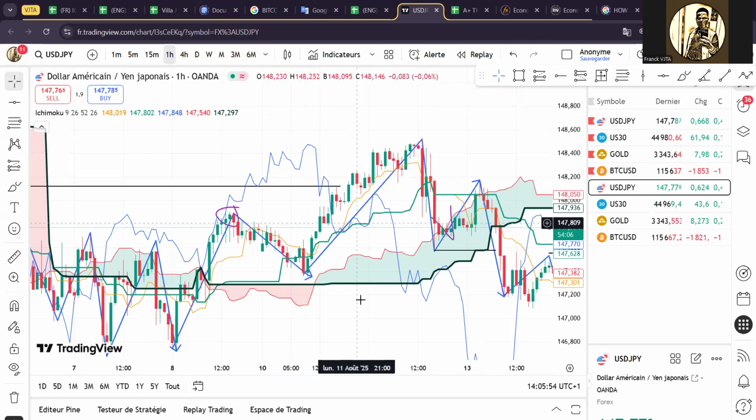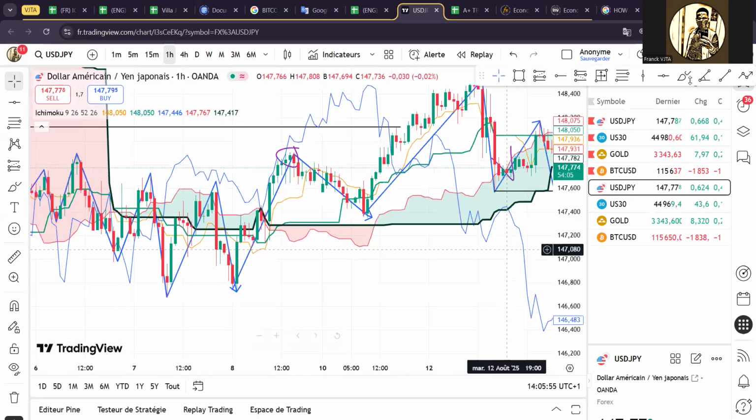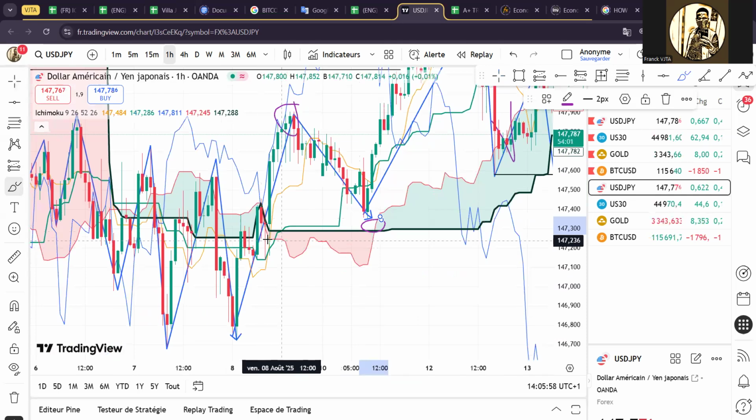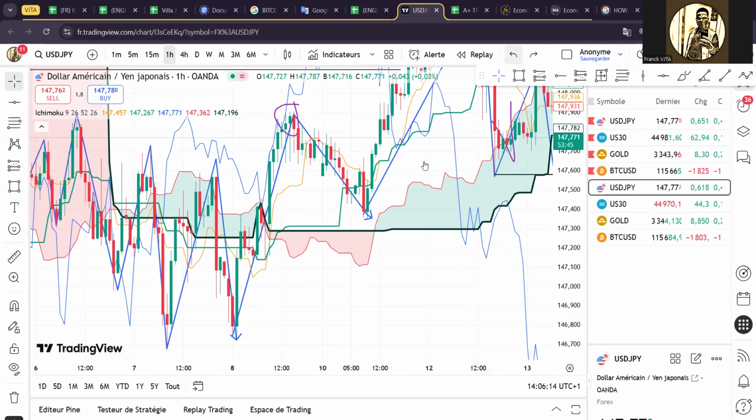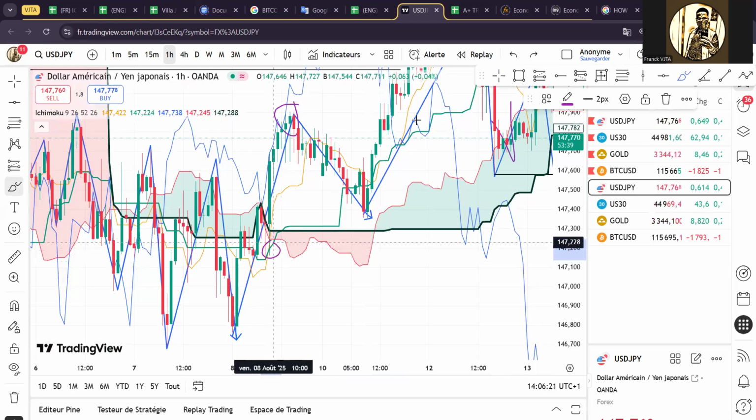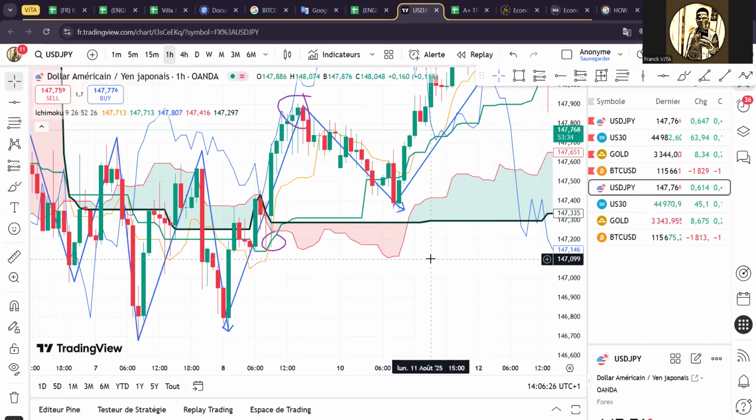Order blocks. You know that order blocks are the twist, right? And the TK cross. Those are the order blocks of the candle. Yes, there are people who say order block is just here, like SMC or ICT people. But Ishimoku also has order blocks. You see that we just bought here, right?